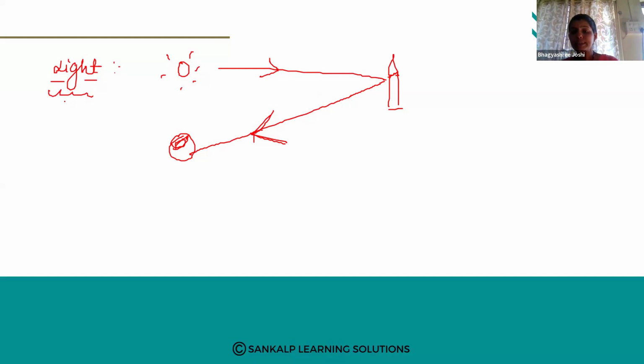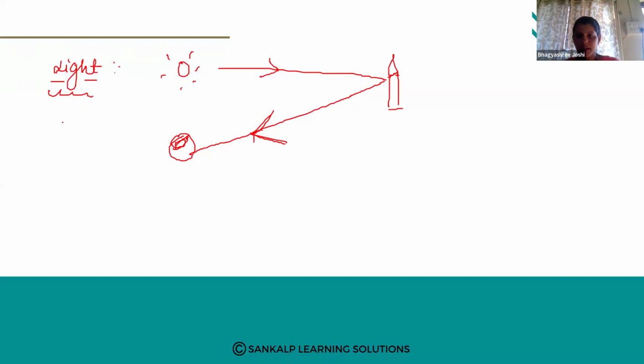And what we are going to learn in this chapter is very, very important. The phenomena of light that we learned last year are reflection, refraction, interference, total internal reflection, and diffraction.